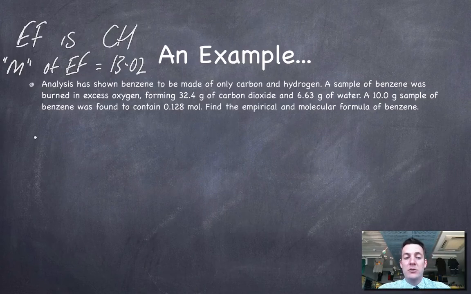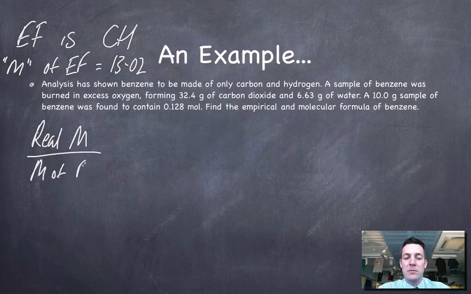What I need to do is to take my real molar mass and divide it by the molar mass of the empirical formula. I haven't been told this, as I've just said. How can we get around this problem? Well, we're told a mass and a number of moles of my sample. So I know little m and I know little n. Do I know a formula that tells me capital M?